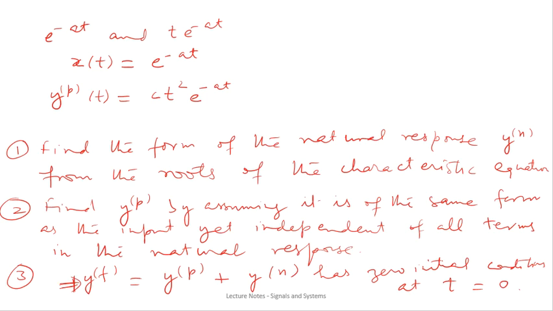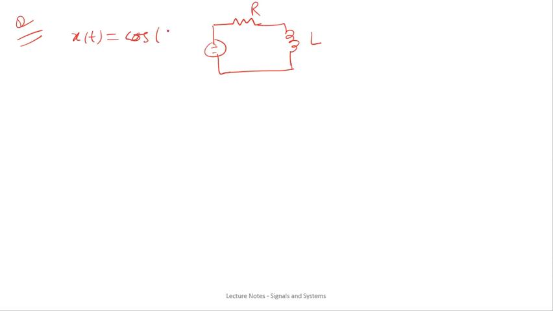Now we can quickly see one example. Again the same RL circuit will be taken, and the input is given as cos t, and the values of R and L are also given: R equals 1 ohm and L equals 1 Henry.